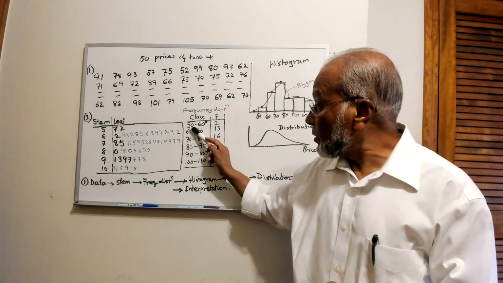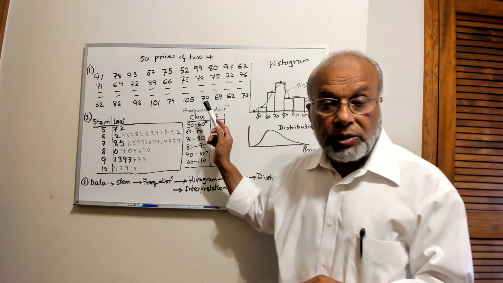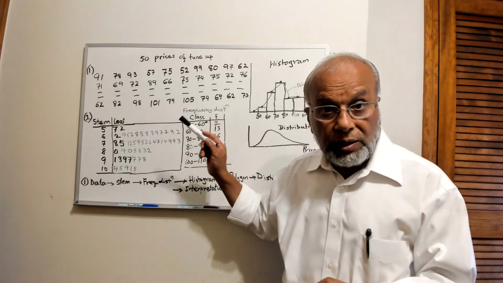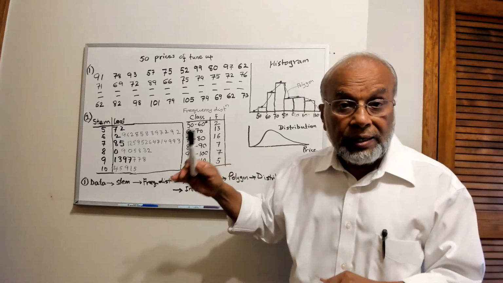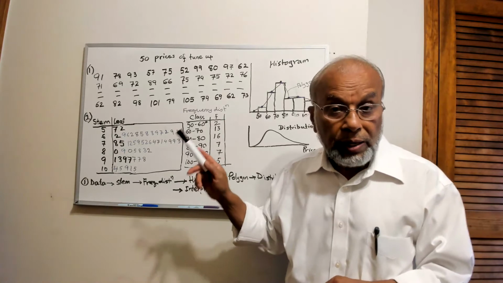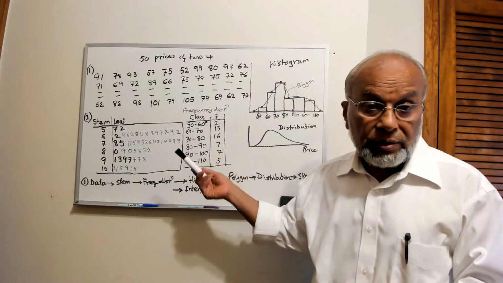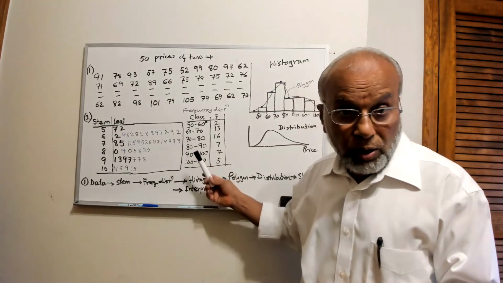In here, 50 to 60, I have a star mark. That means 60 is not included, but 60 is included in the next one. 59.99999 all the way, it is inside. The moment it becomes 60, it is in the second class, and so on for all of them.